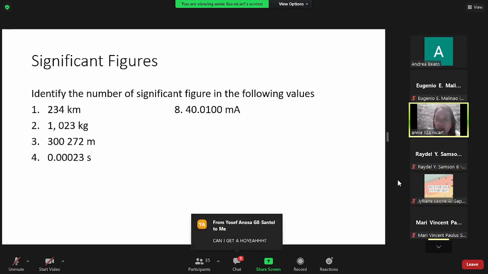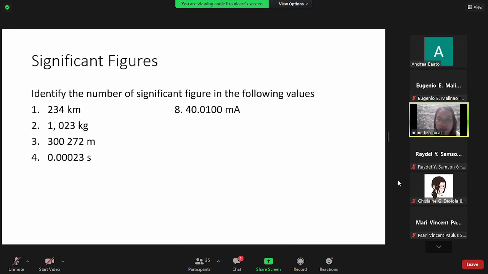Okay, so number 4 has only 2 significant figures. The leading zeros are not significant. All leading zeros are not significant. Take note. Leading zeros are not significant.